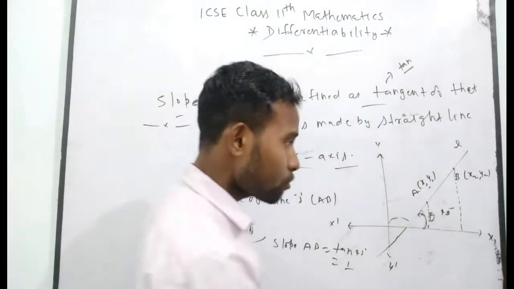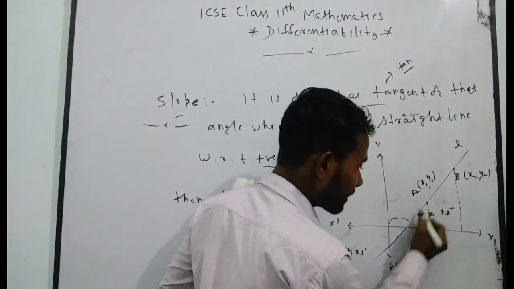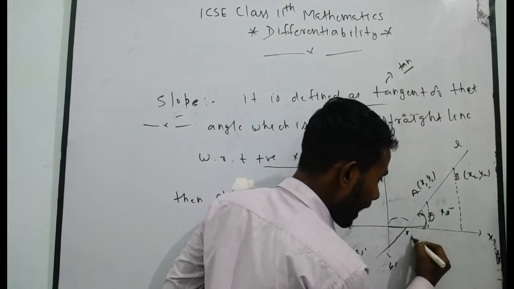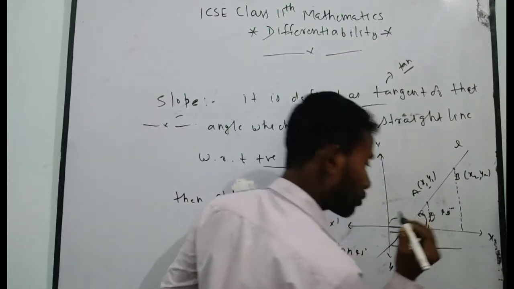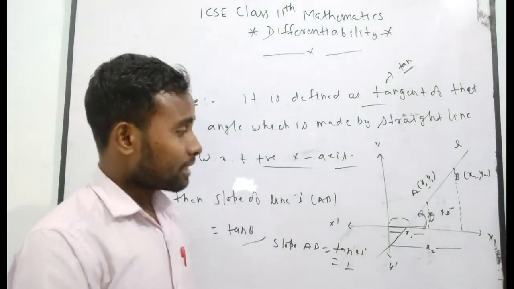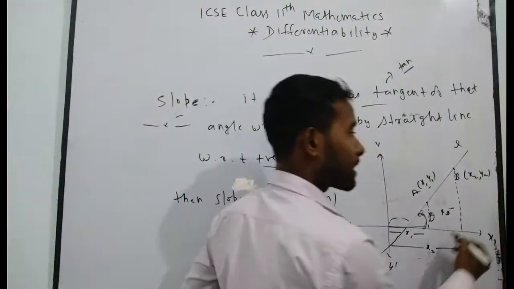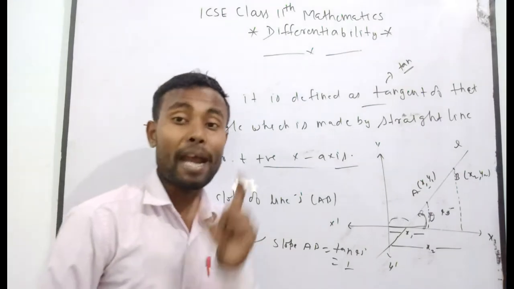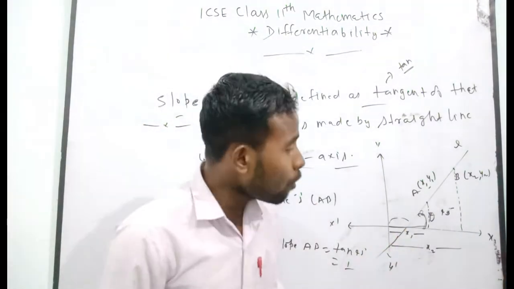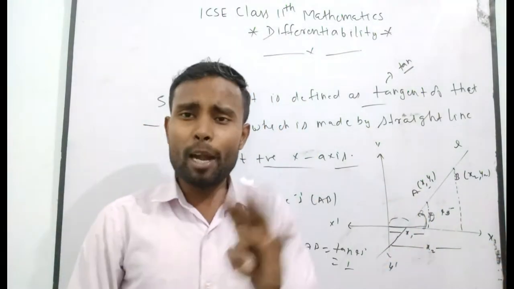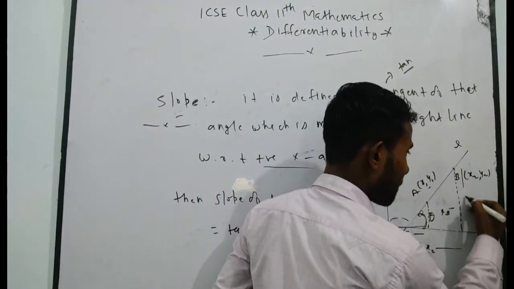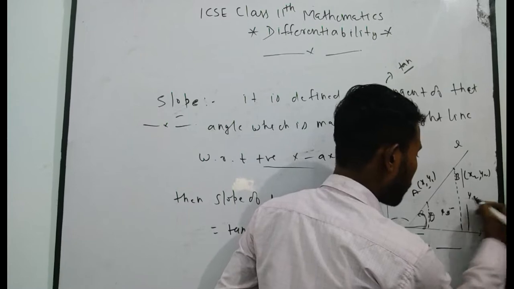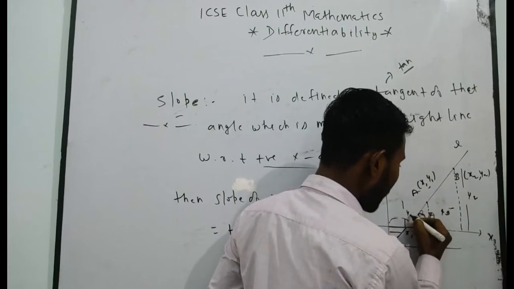That means x1 is this distance, and this distance is x2. Similarly, the ordinate is defined as the perpendicular distance from the x-axis to that point. So this perpendicular length will be y2 and this perpendicular length will be y1.